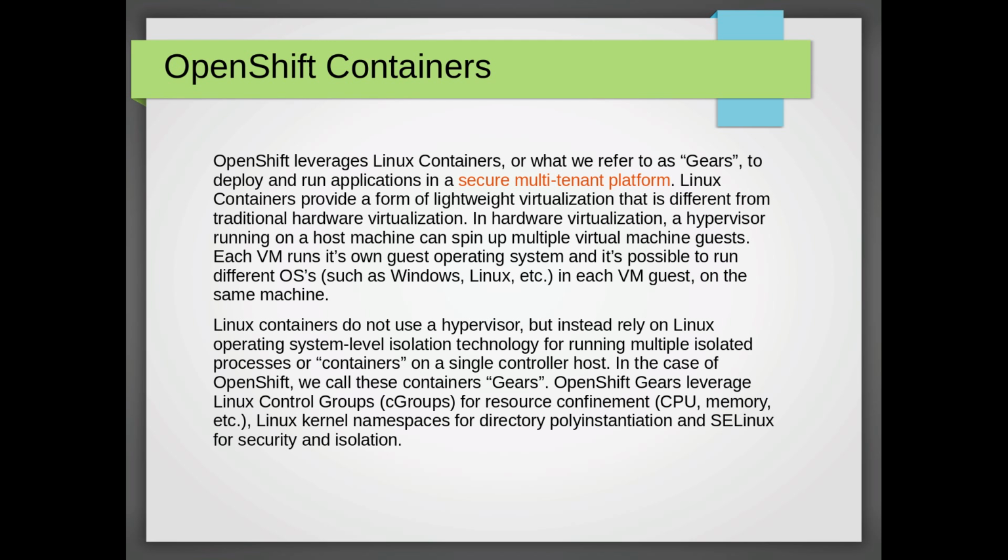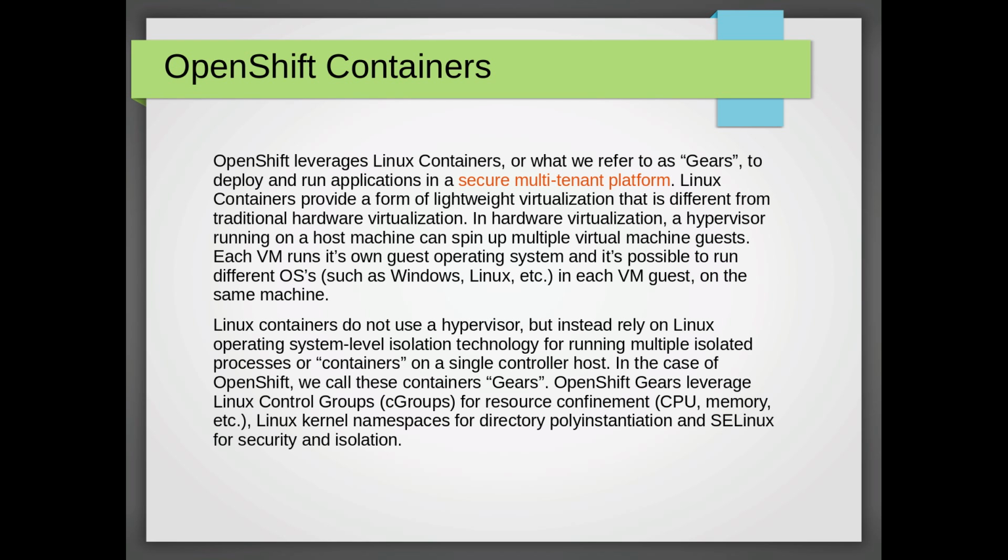But OpenShift took a different path, running based on Linux containers, called LXC containers, which are powered by Linux. Here in OpenShift, they leverage the same LXC containers and run them as gears in secure multi-tenant platforms.